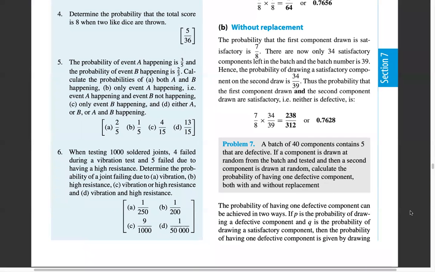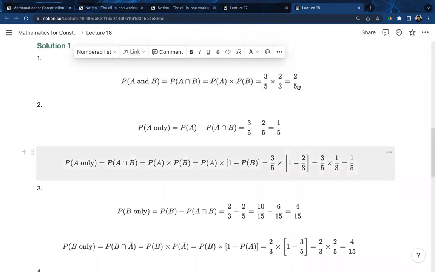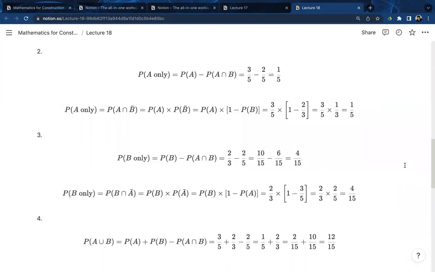So it probably means A alone or B alone, or A and B happening. But that's the same thing as the total. Unless they mean you add these three things here together. Right? That could be what they're asking you.